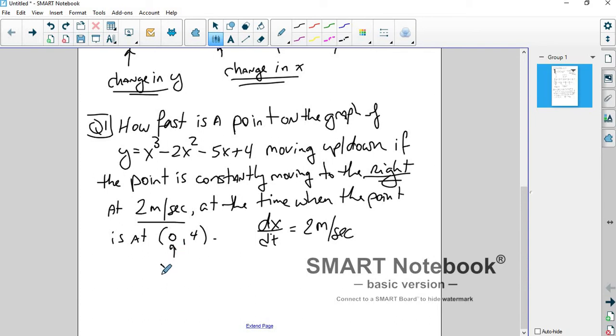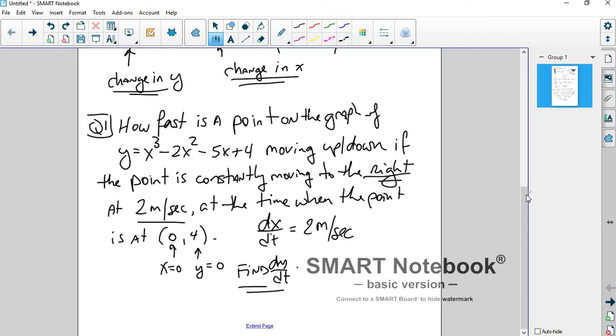And when x equals 0 and y equals 4, we want to find how quickly y is changing up or down, dy/dt.